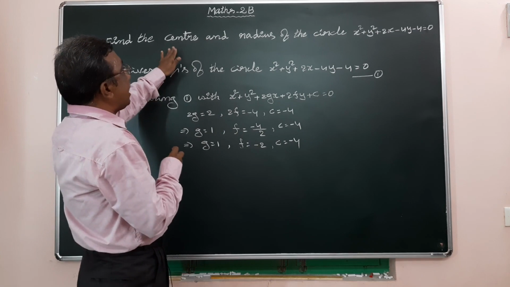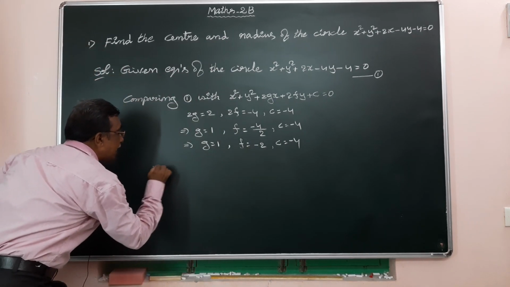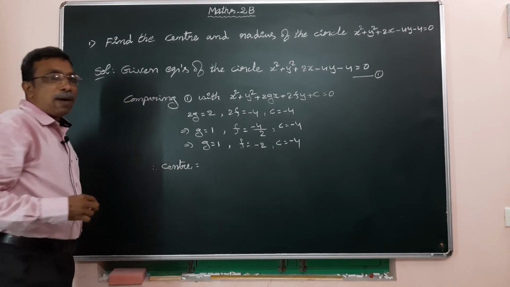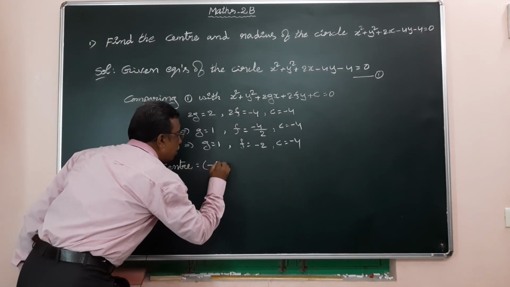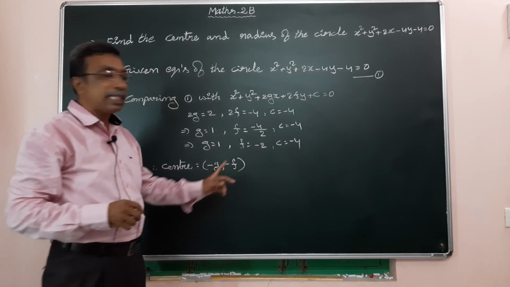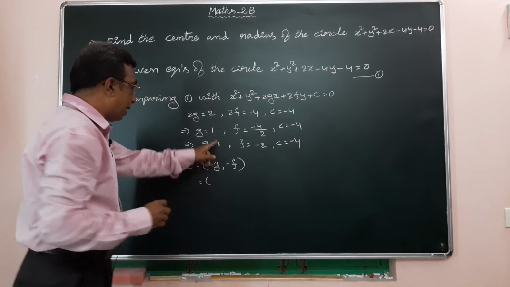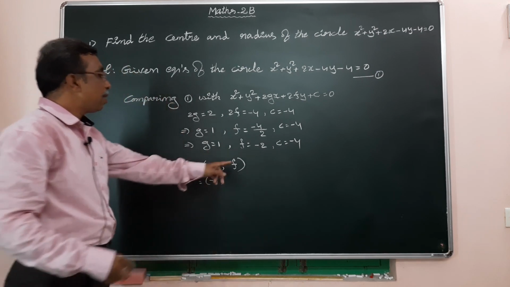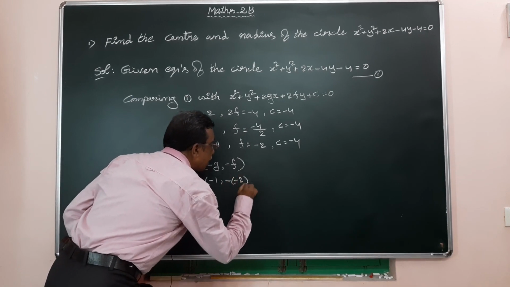Next we find out the center and radius. Now write center equal to. What is the formula of center? Minus g, minus f. Minus g is 1, comma, minus f. f is minus 2.